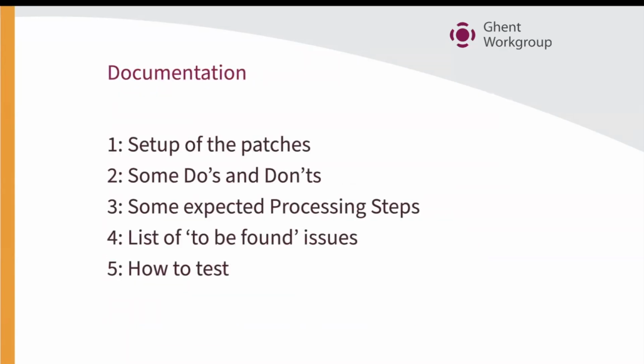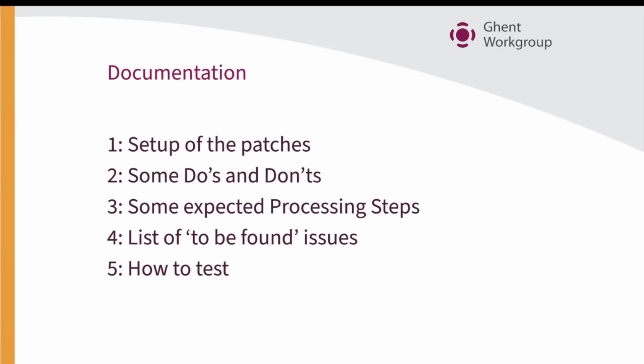What you can also find in the zip file you download is a documentation part, which contains, first of all, a description of the setup of the patches, just like I explained a little bit. There are some do's and don'ts. Then some explanation of expected processing steps, because during the development, some of the colleagues expressed interest to see, given that I open a certain patch, which processing steps should I see in my user interface, just as a reference to see that they read information correctly.